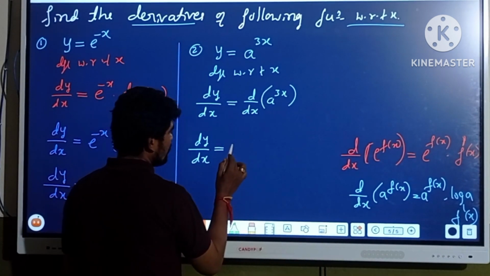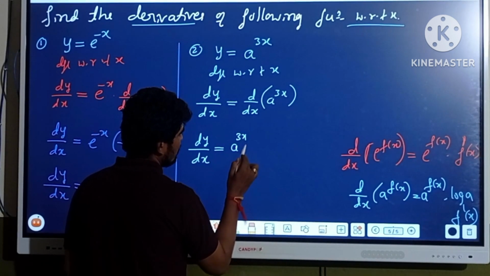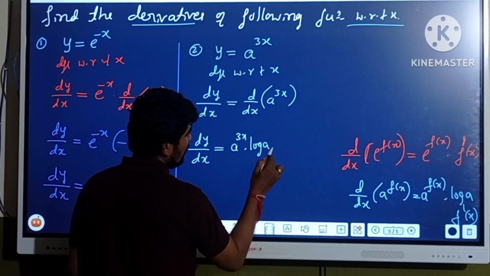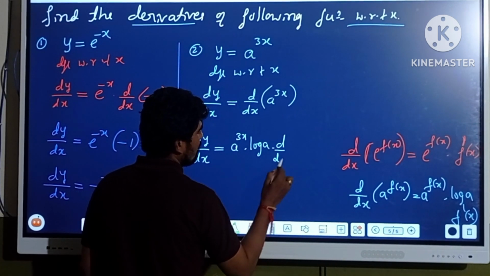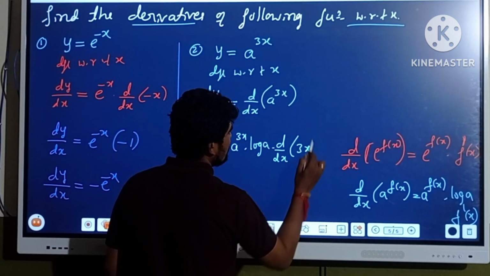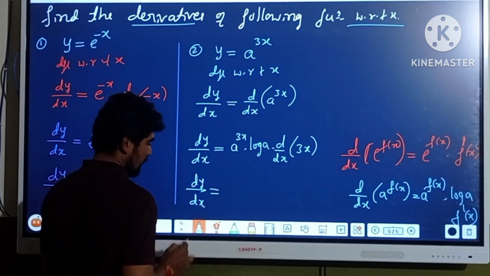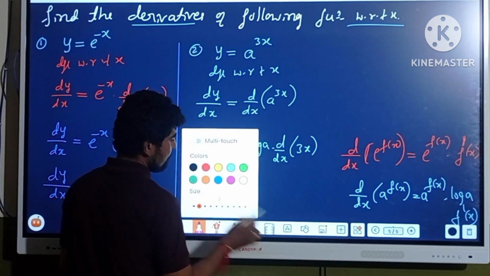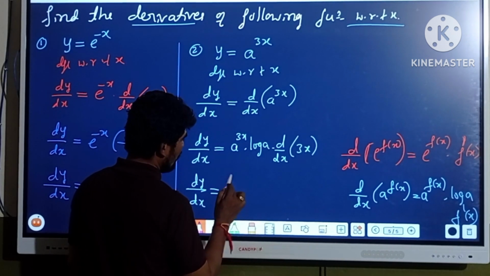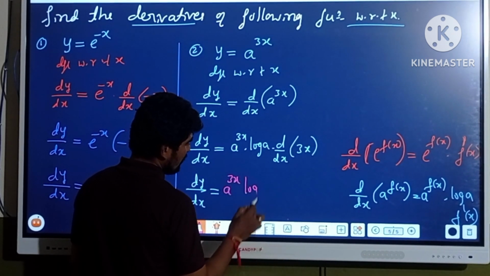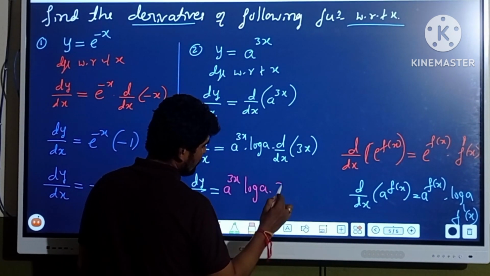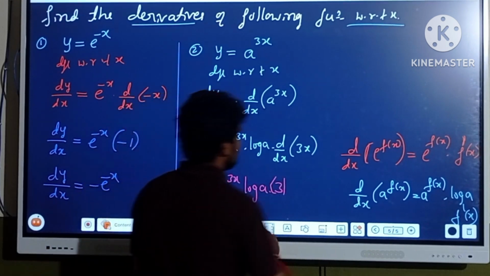Therefore, derivative of a power 3x is a power 3x into log a into derivative of 3x with respect to x, which is 3.